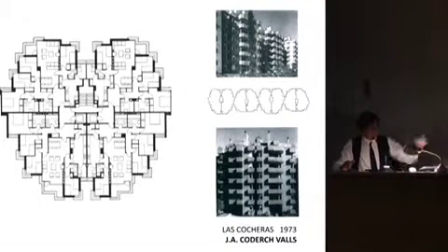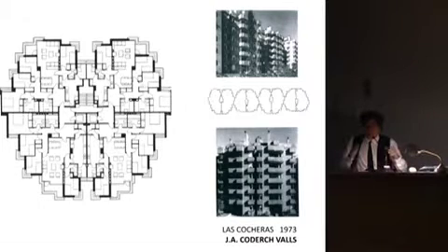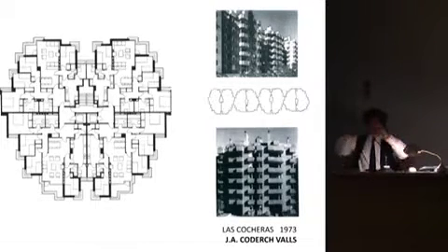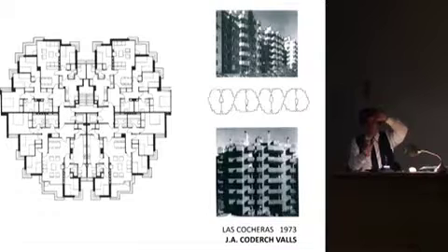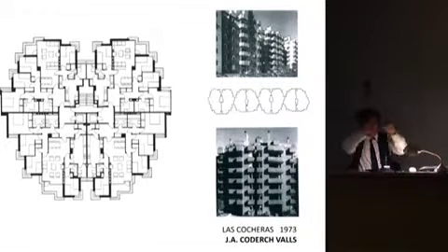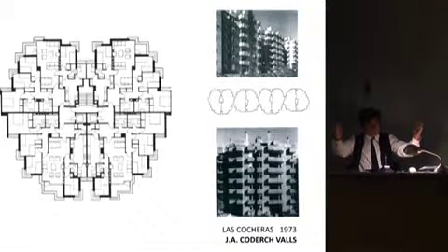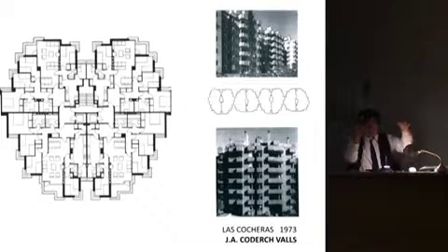Cocheras. In Cocheras, Coderch does an experiment. He uses the discoveries made in his houses, in his family houses, with the contribution of the vertical window. He explained that a vertical window provides the same light as a horizontal window of the same size, but at the same time occupies less facade.